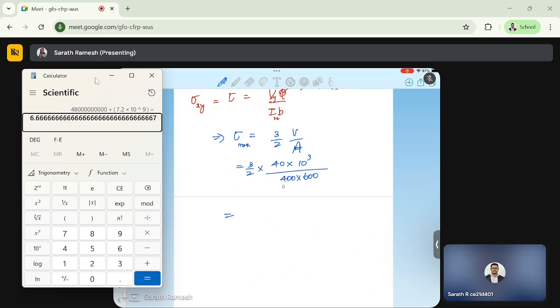So 3 by 2 into 40 times 1000 by 400 times 600 gives 1 by 4, it's just 0.25 megapascal. Okay, that is the shear stress.